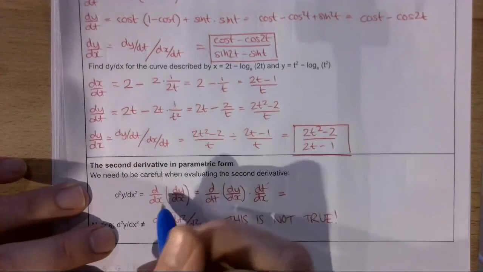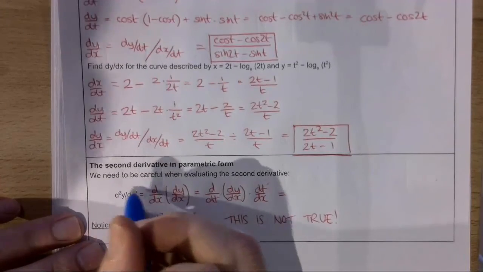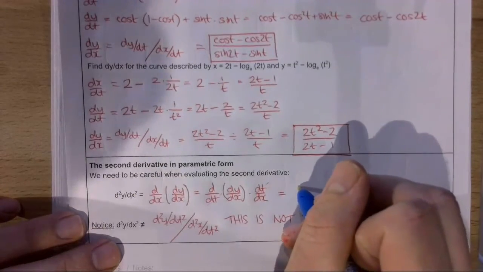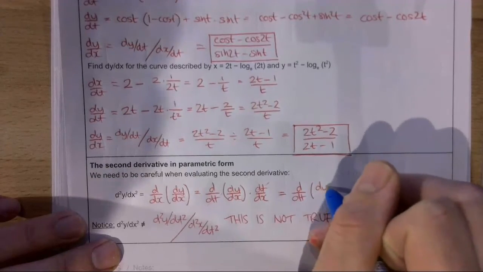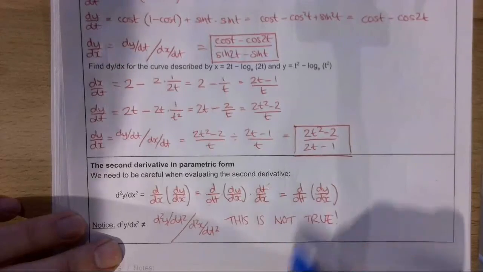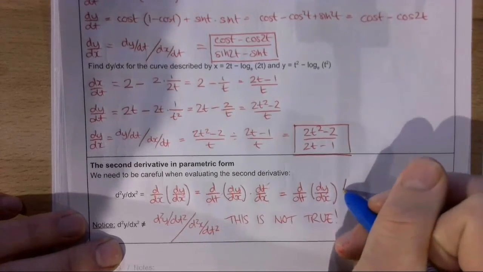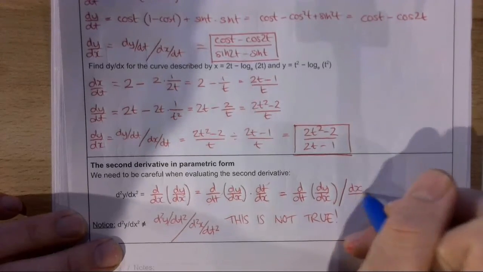So a more common form, and you will have to use this from time to time, is that the second derivative with respect to x is the same as d by dt of dy by dx. So take your expression for the gradient and then differentiate it with respect to t, and then divide it by dx by dt.